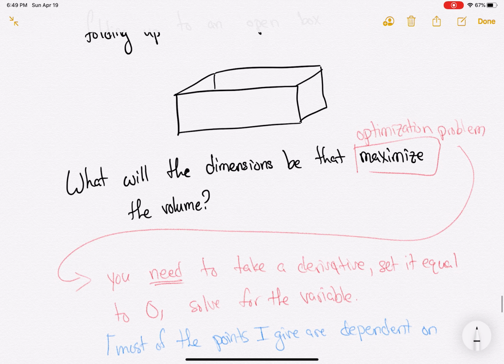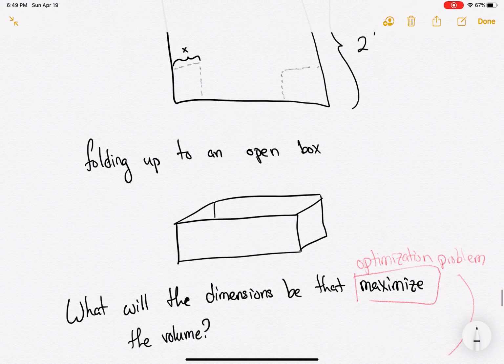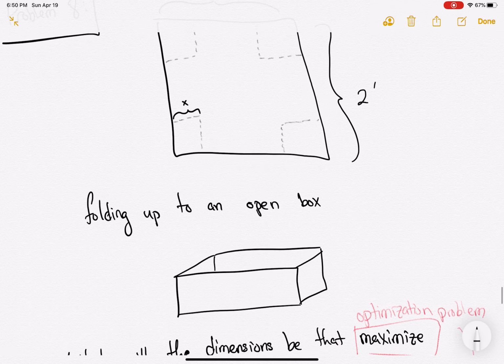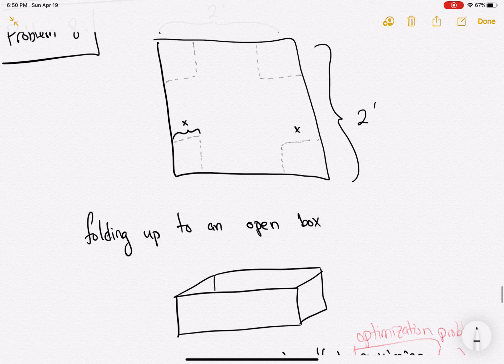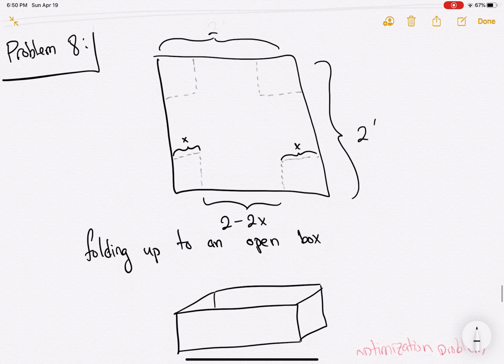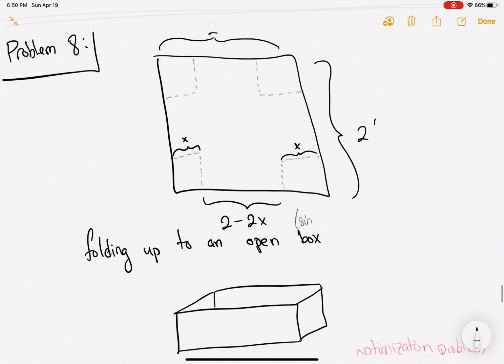Okay, let's draw out and label the lengths of this box that I've put here. If it's 2 feet by 2 feet, what are these lengths? Well, how many x's am I actually cutting out? I'm going to put another x there. So this length here is 2 minus 2x because I've cut out 2 x's from the sides.